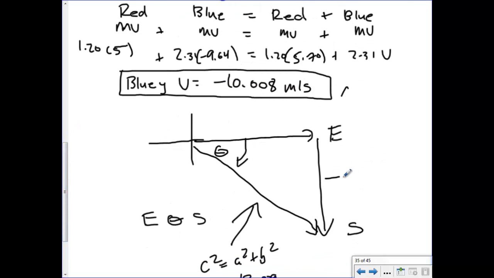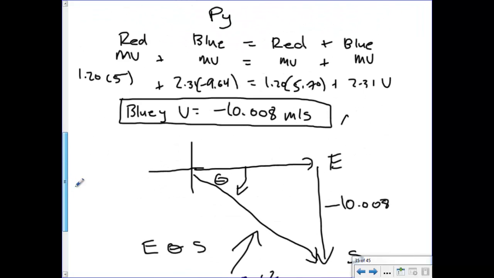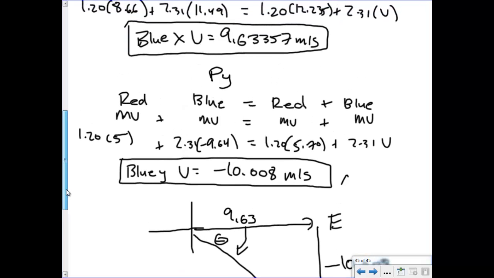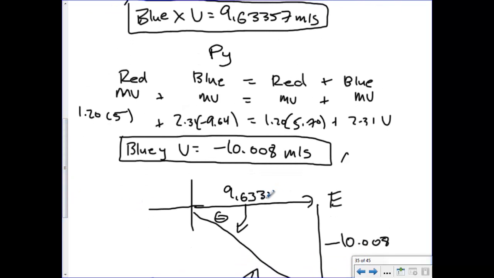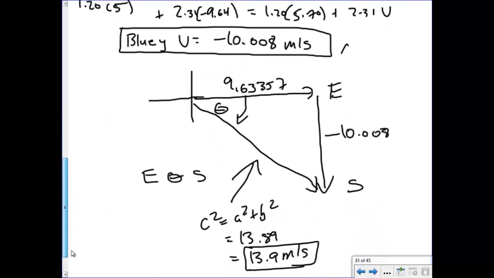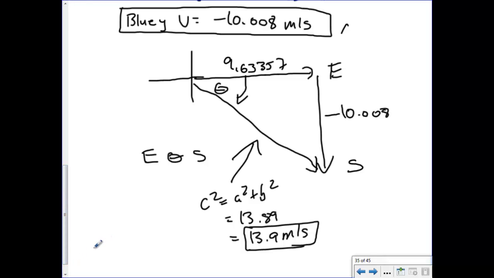Does that make sense? So this one is the negative 10.008. This one was, what was it again? 9.63. 357. So the hypotenuse is 13.9, and then I got an inverse tan, opposite over, where's adjacent?